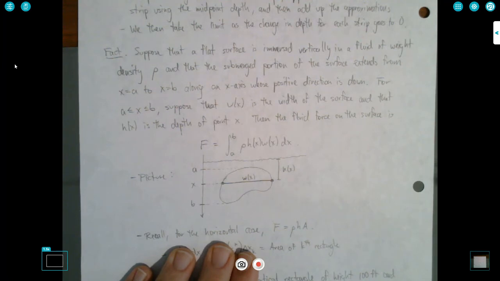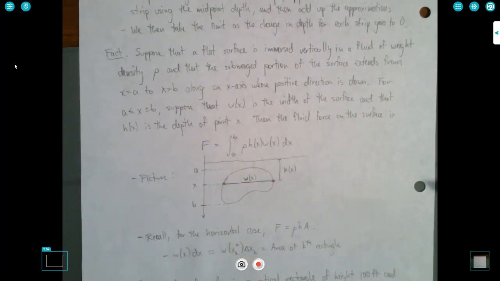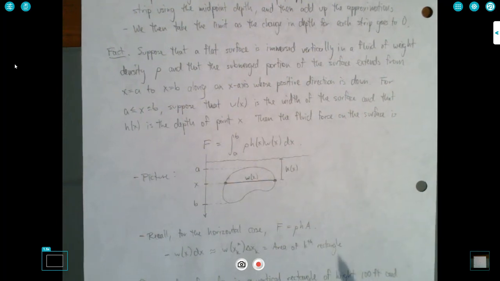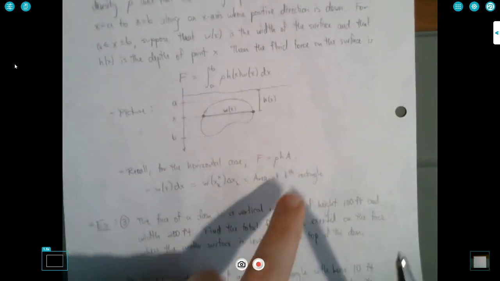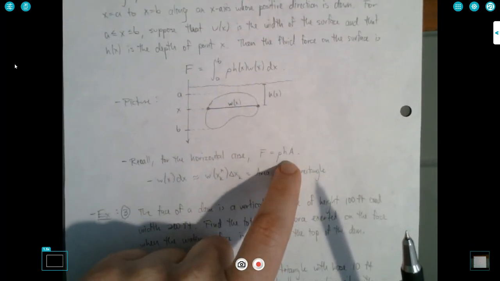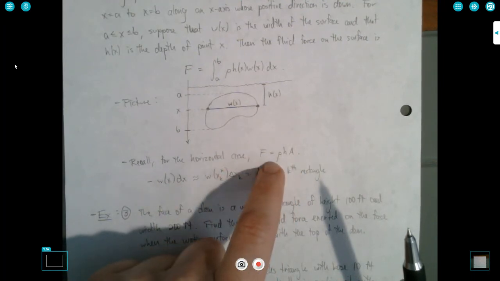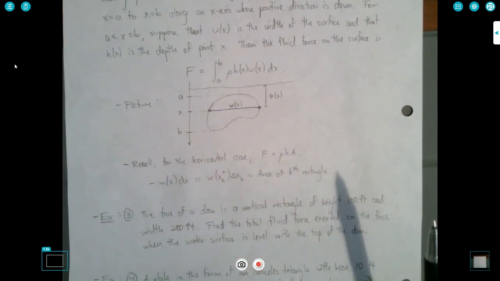Okay? And if you squint at that just right, you'll see that it's the same formula as the formula for the horizontal case, right? So for the horizontal case, the force was just rho times h times a.